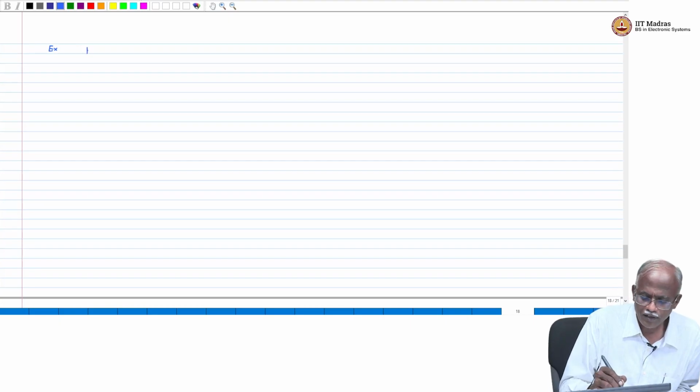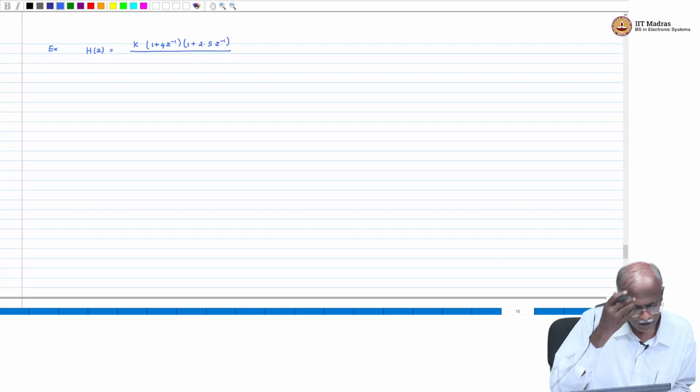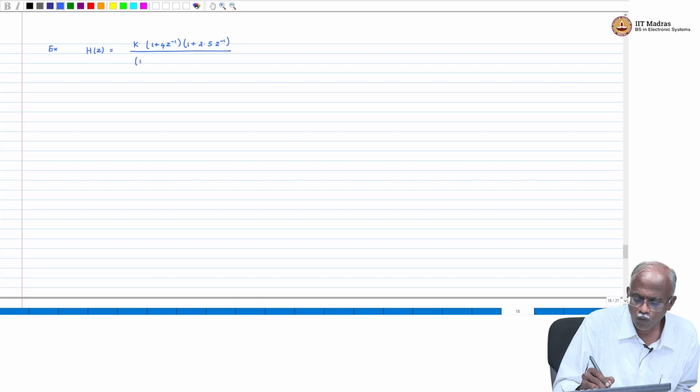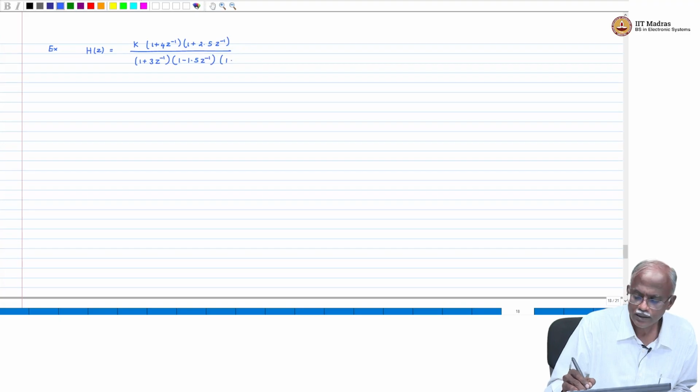We are given a transfer function which is in rational form, a constant k, 1 plus 4 z inverse, 1 plus 2.5 z inverse divided by 1 plus 3 z inverse, 1 minus 1.5 z inverse, 1 minus 0.9 z inverse.